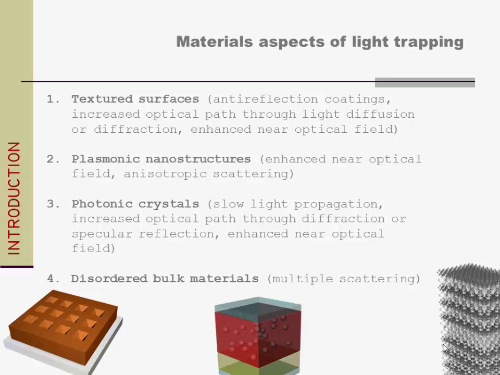Then I will get diffuse scattering that will increase the optical path of my light inside the device, but I can have another textured surface and I will get diffraction. In that way, I will also deflect my light at an angle, and I will increase the optical path inside my device. Actually, if the textured surface is metallic, I can also have a near optical field enhancement effect. I can also use plasmonic nanostructures, and by that I can invest in nanoparticles, right?